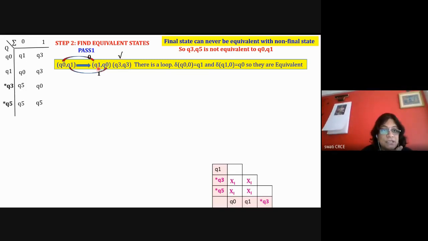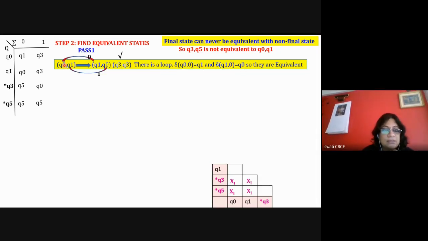Now if Q1, Q0 is equivalent, then I can say that Q0, Q1 is equivalent. But if I see this pair, here it is a loop. Here I'm trying to find out the equivalence between Q0, Q1, and that equivalence depends on the equivalence of Q1, Q0. So it has formed a loop: Q0 with 0 is Q1 and Q1 with 0 is Q0.